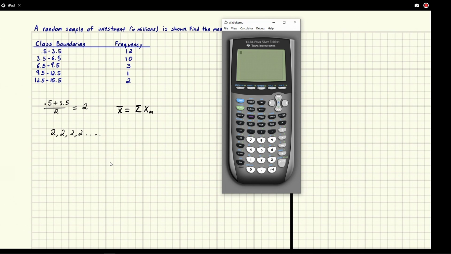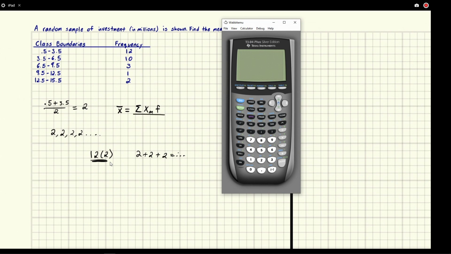Because we have 12 2s, that's 12 times 2. It's the same thing as 2 plus 2 plus 2, 12 times. That's the same thing as just multiplying. So we take the sum of every midpoint times the frequency.